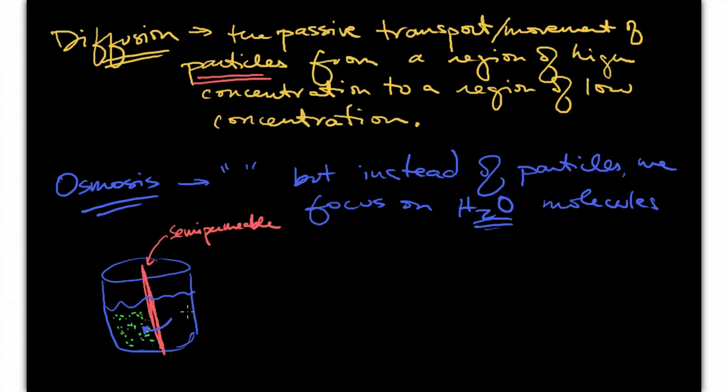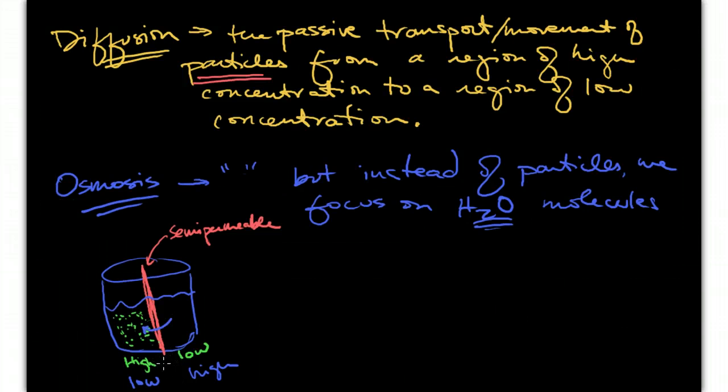So what's going to happen is that water is going to move over here, because if we look at the solute concentration, it's obviously higher on this side than this side. Inversely, if there's not a lot of solute here, we've got a higher water concentration, and a lower water concentration on this side.